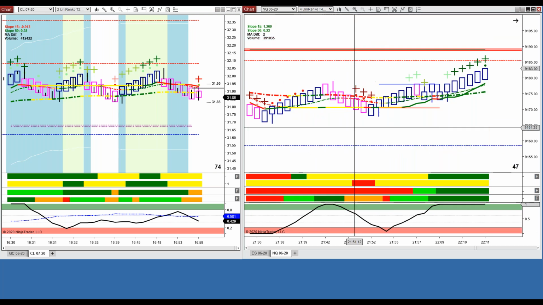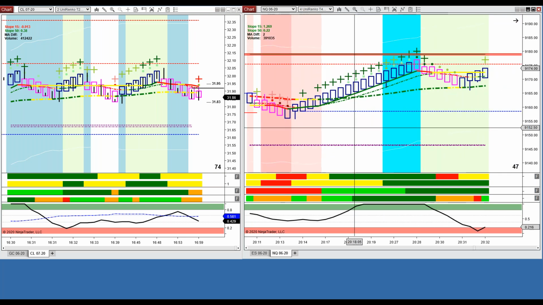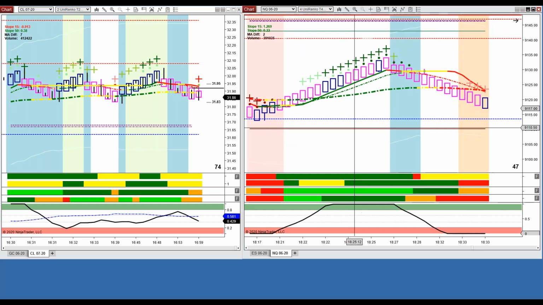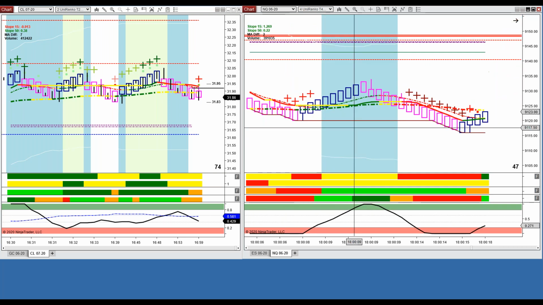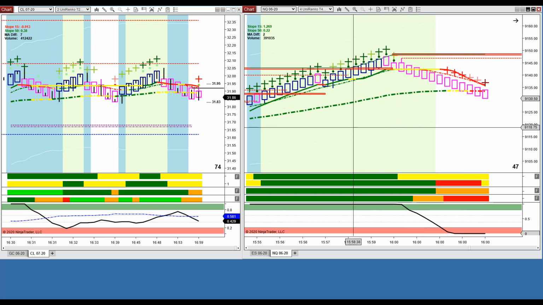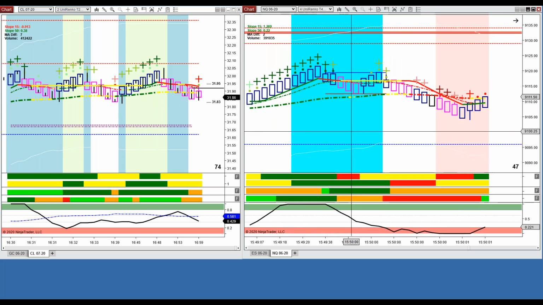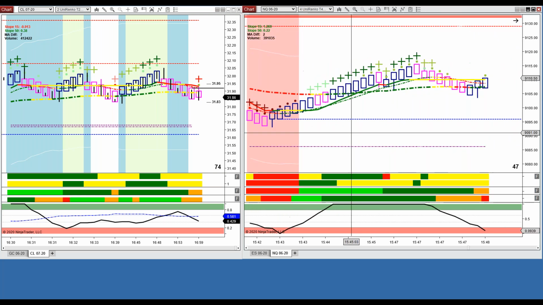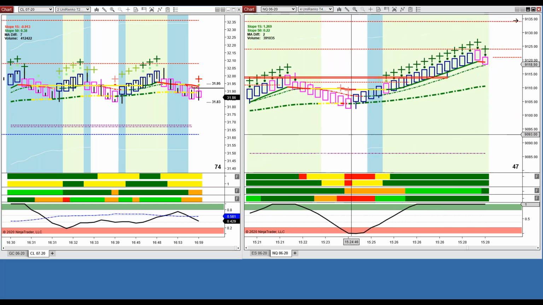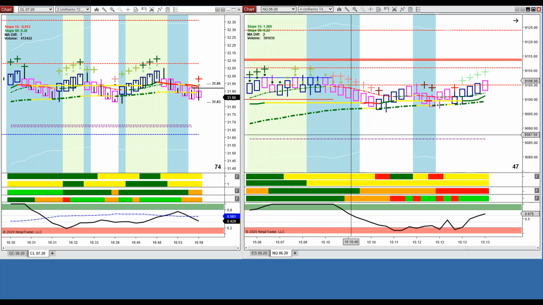I'll go a little bit more on the NQ, and then I'll show you crude. Let's get 2 or 3 other signals on the NQ. Now, if every week you trade 4 financial instruments, or 6 instruments, or 10 instruments, and 80% or more of the entries are profitable, you're going to make a really good amount of money.